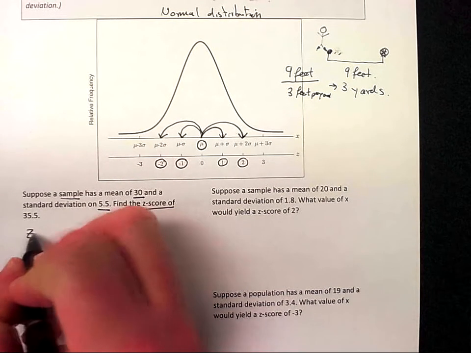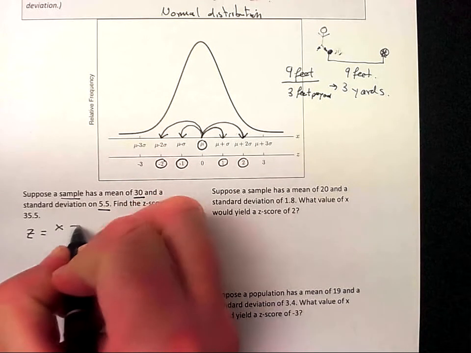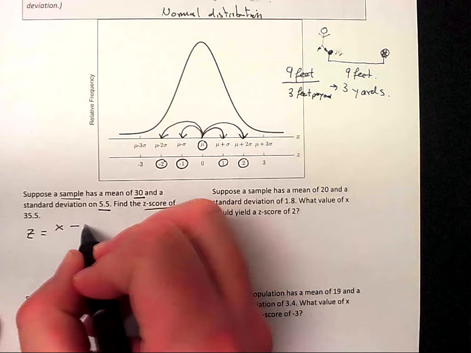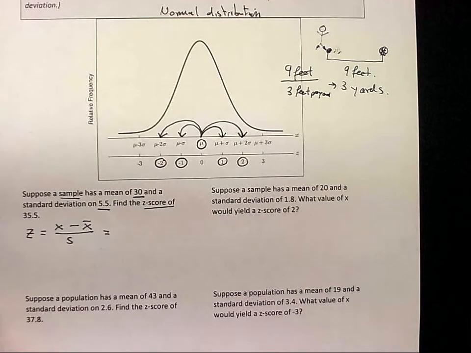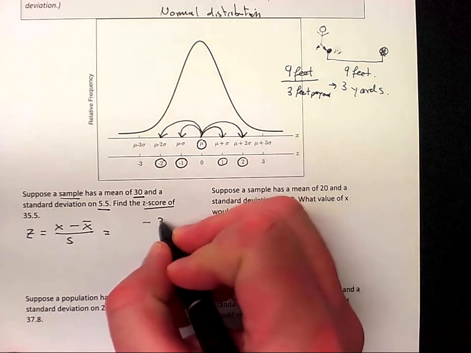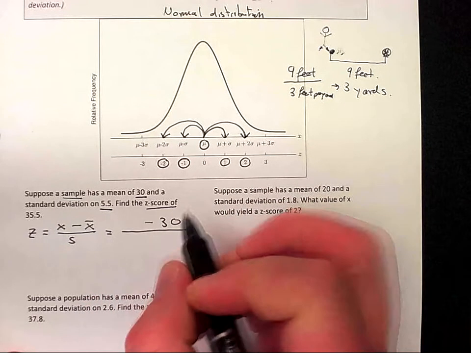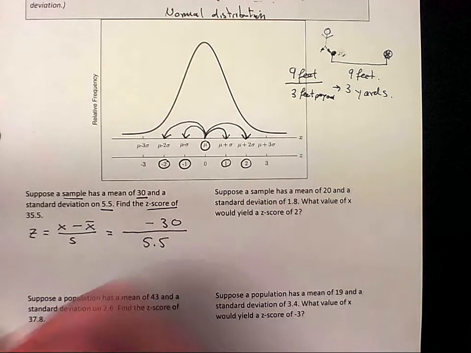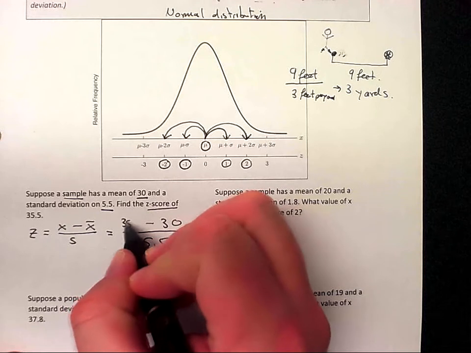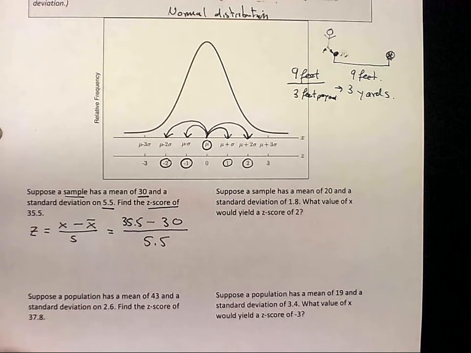So therefore, we're going to have z is equal to x minus x bar over s. Awesome. So we have this right here. What am I going to plug in for x bar? 30. What am I going to plug in for s? And then what am I going to plug in for x? 35.5. Awesome. All right, is everybody good with this?